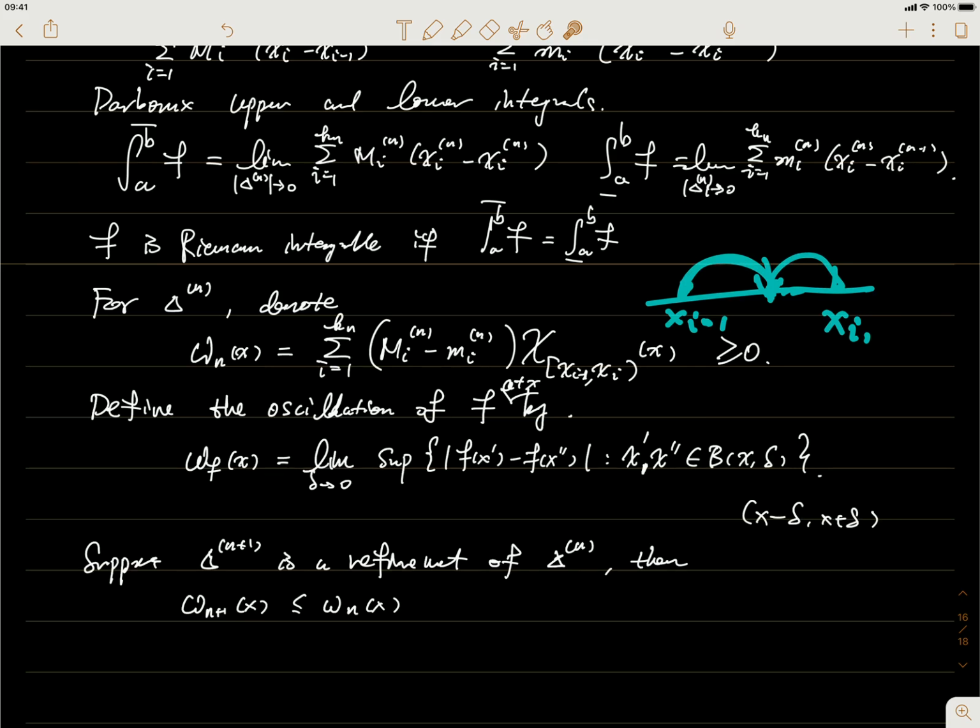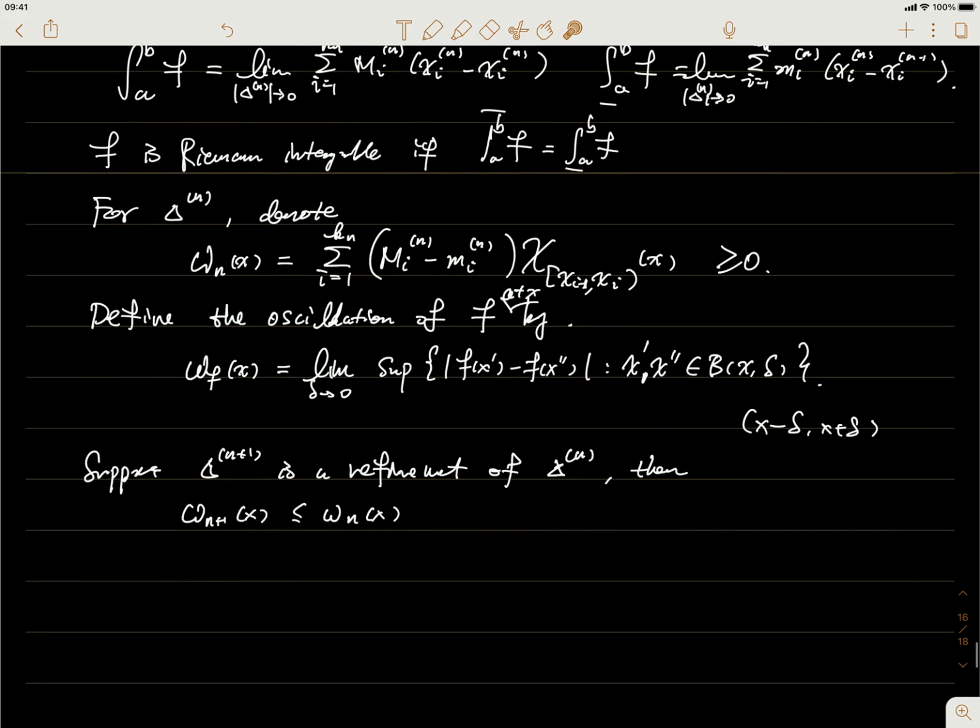But for each part, the maximum value minus the minimum value, or the gap, must be bounded by the gap over the bigger interval. So the oscillation or variation over the smaller interval must be smaller. That's why W_{n+1} is smaller than or equal to Wn. And also, as I just mentioned, Wn converges to Wf, actually almost everywhere.